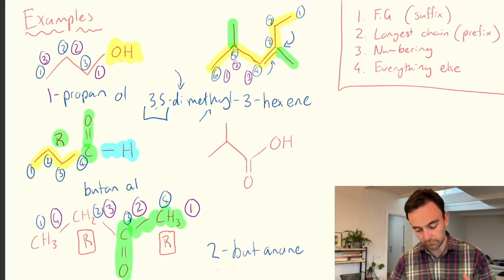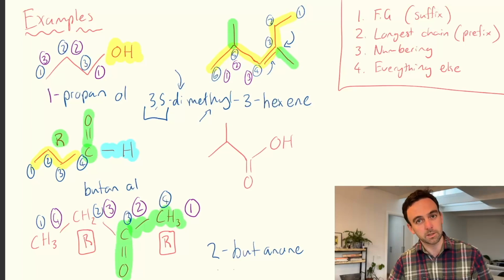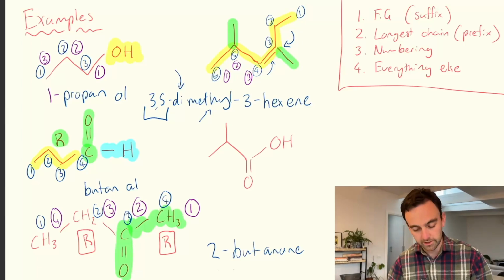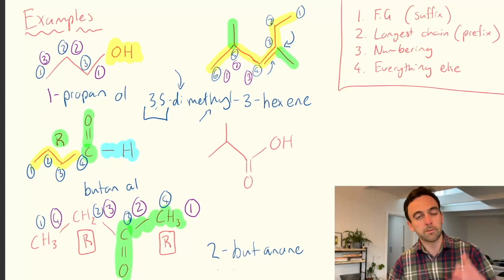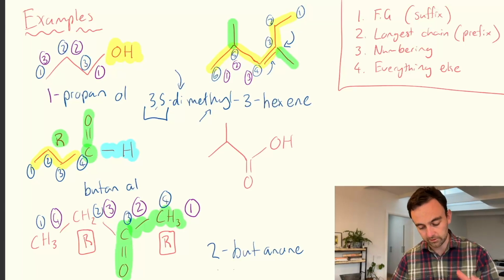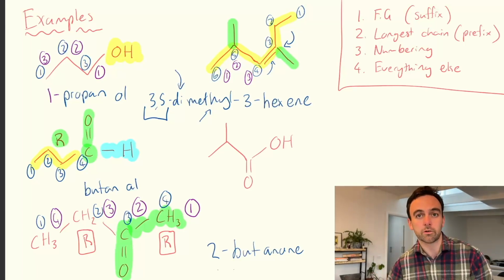So that's how you can break those down to something a little bit simpler. But because it's multiple choice, I promise you will be able to distinguish these things. If you had it as 3 methyl, 5 methyl, 3 hexene, then you didn't do that dimethyl thing, you're still going to get the right answer because you'll be able to figure out which one it corresponds to.